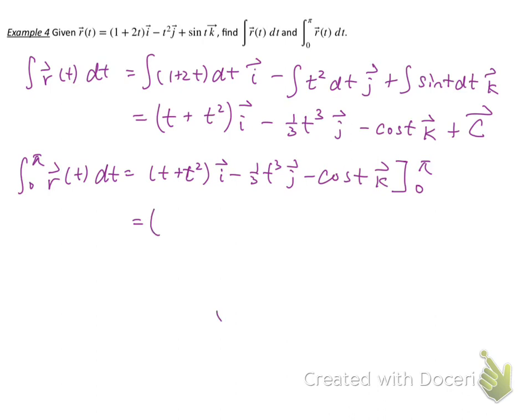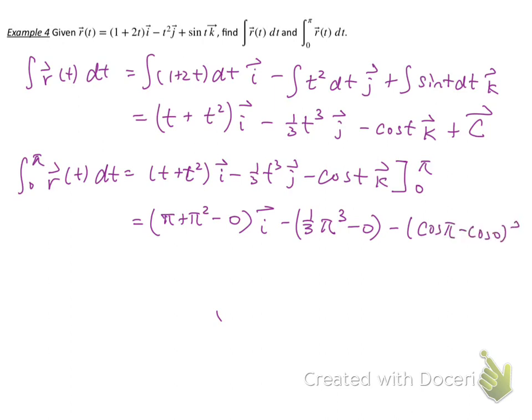Actually, that's easier. For pi, I have pi plus pi squared minus 0 plus 0. That's my i. Minus a third pi to the third power minus, again, 0. Then minus, here I have cosine pi minus cosine 0. That's my k. Sorry, I lost my j.